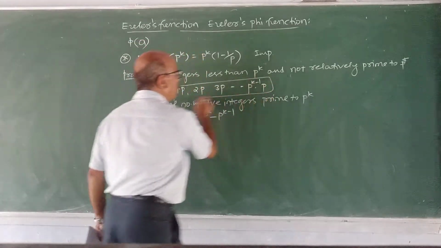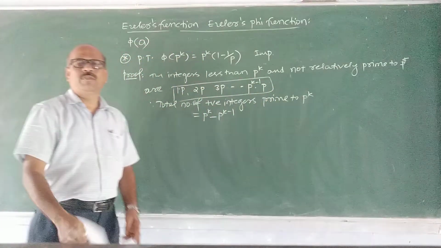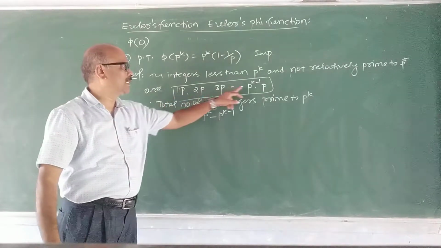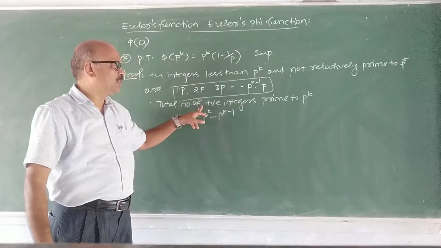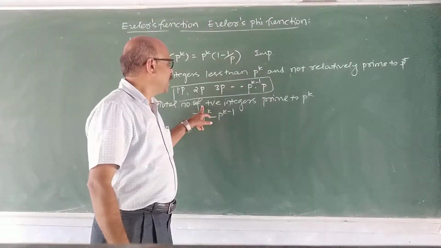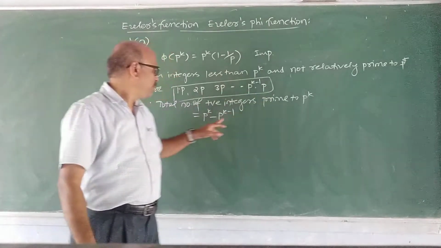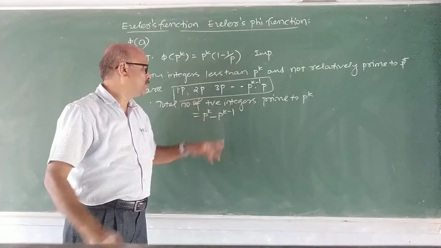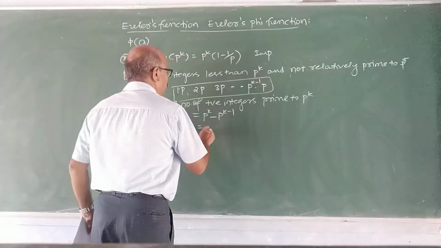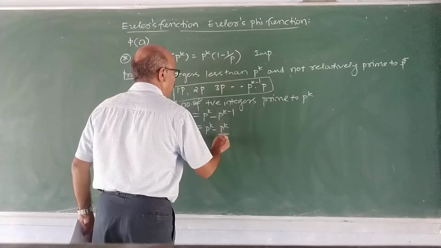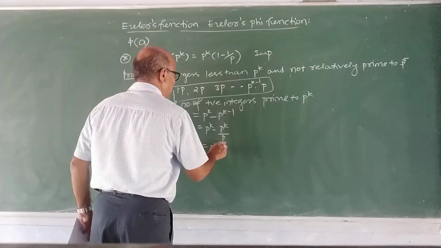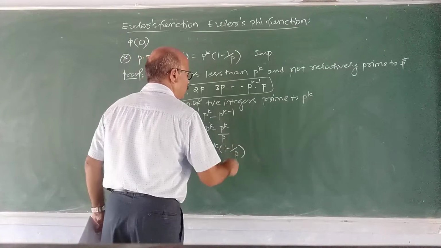We simplify: P raised to K minus P raised to K upon P, so P raised to K into 1 minus 1 upon P.